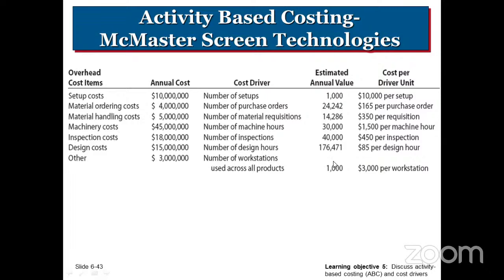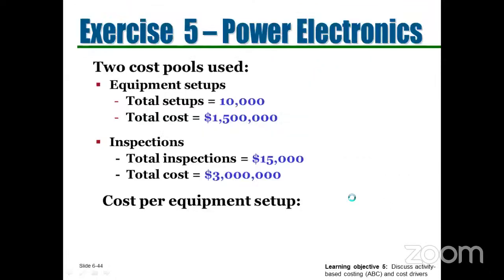Compared to the earlier method, where you just use one machine hour rate and allocate the same to all the departments, that is not so accurate. This method is more accurate when it comes to allocating the manufacturing overhead, the so-called indirect cost. So just quickly go through this example.